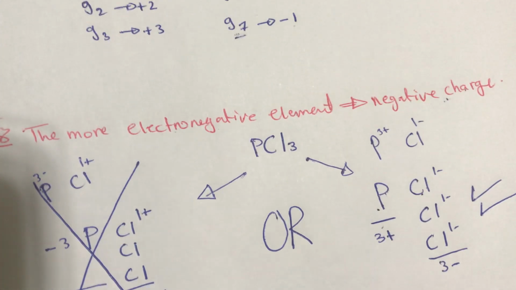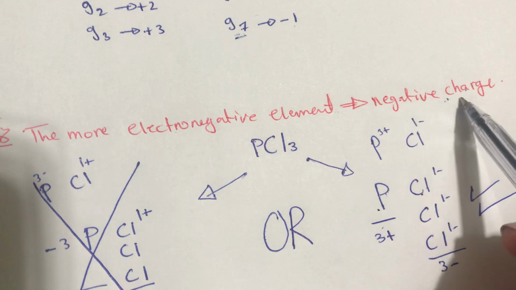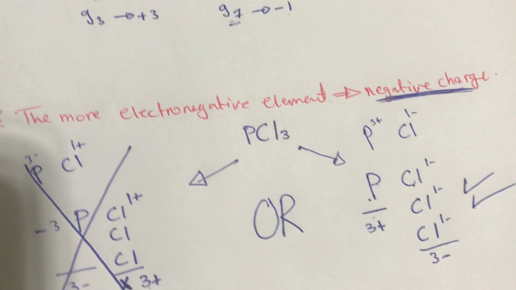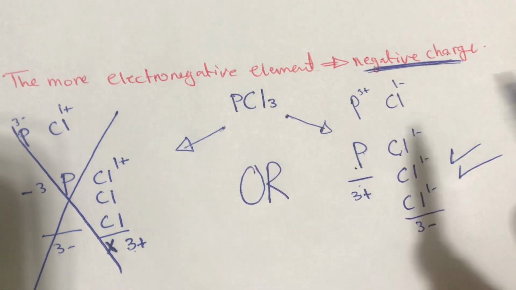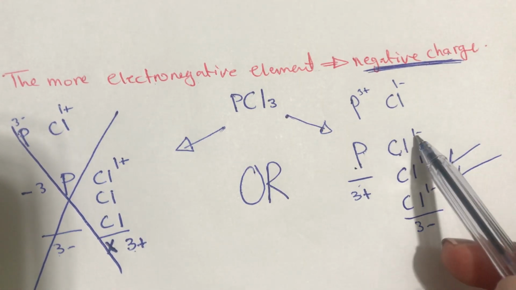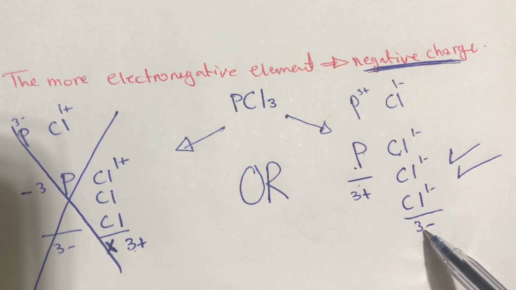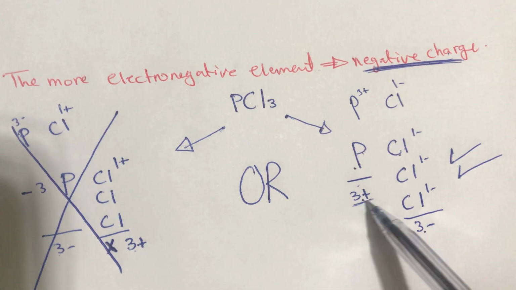So in this example, chlorine carries -1, so the total is -3. So the charge of phosphorus is +3.